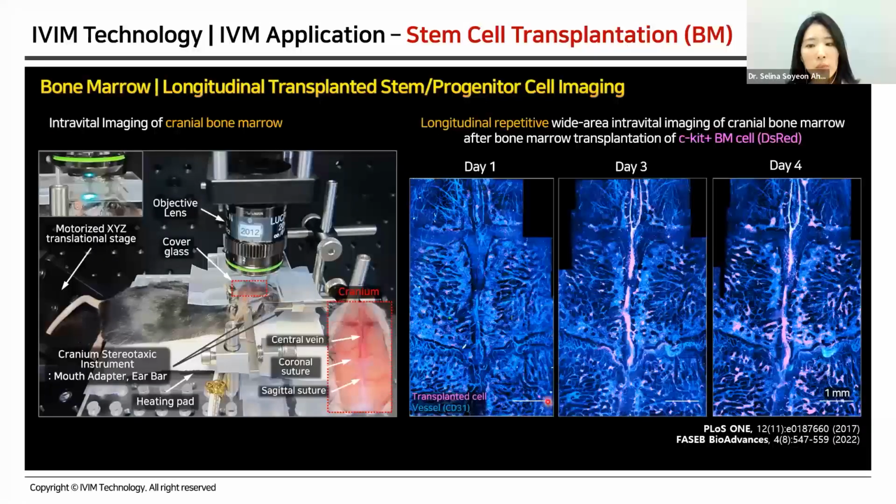And this is an example of in vivo bone marrow imaging in the cranial bone, visualizing the long-term cell dynamics of the early engraftment of transplanted bone marrow cells in the host cranial bone marrow. Over the days after bone marrow transplantation, we can visualize and analyze that the red transplanted bone marrow cells engraft to specific sites, forming cell clusters for proliferation and differentiation in vivo in the host cranial bone marrow.